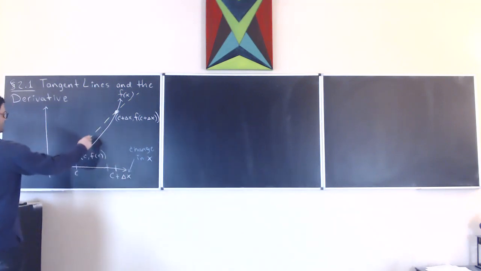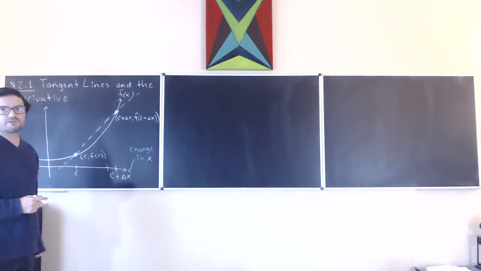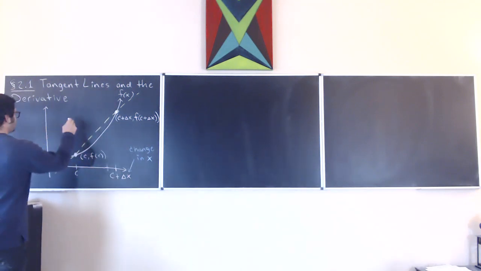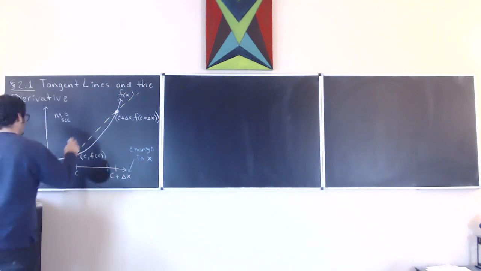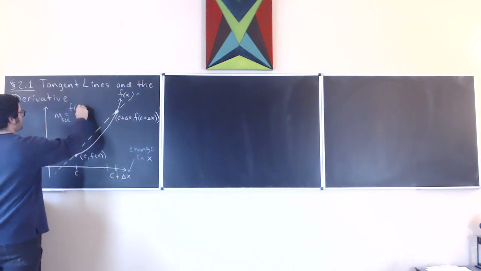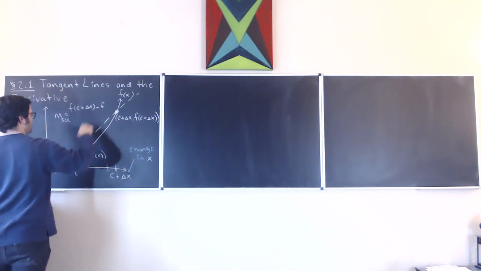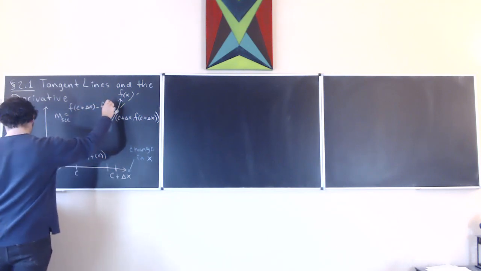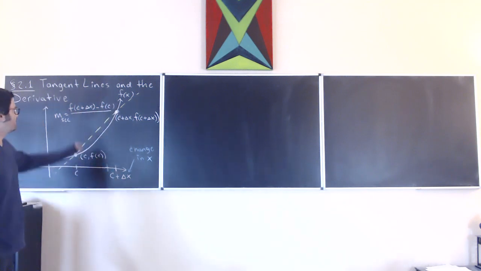So the slope of this line, which is called a secant line, it's passing through 2 points on the function. So the slope of this line is given by, so m secant. This is simply your new y value minus your old y value divided by your change in x.